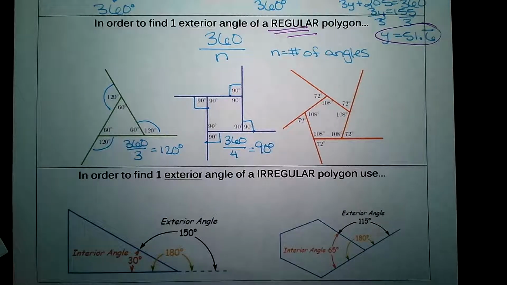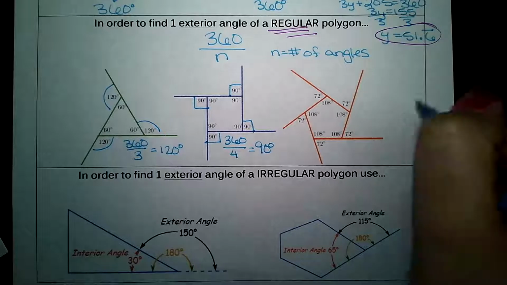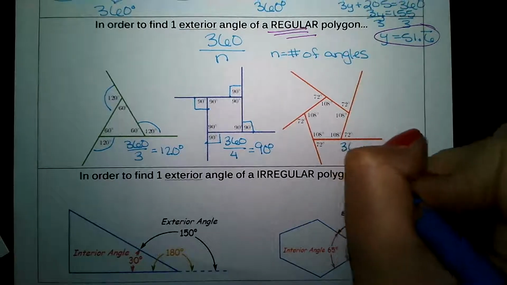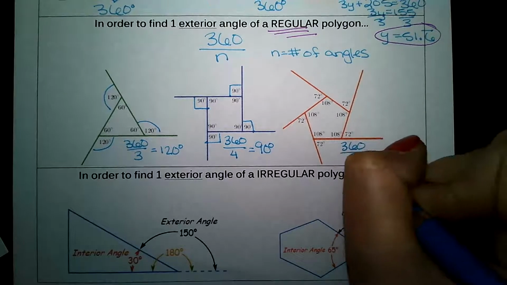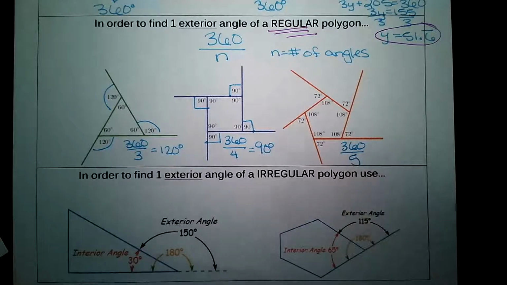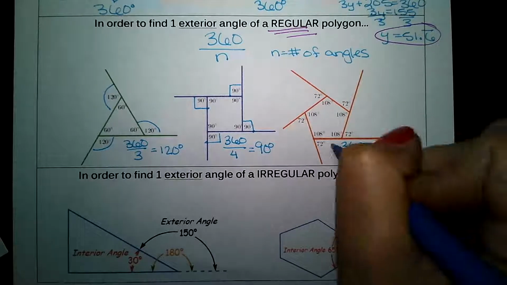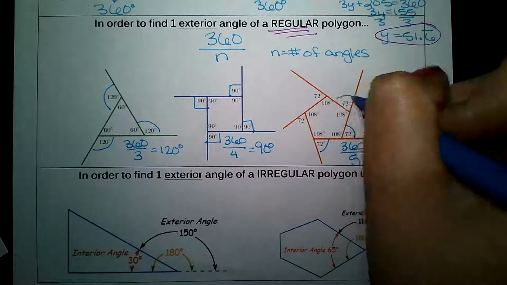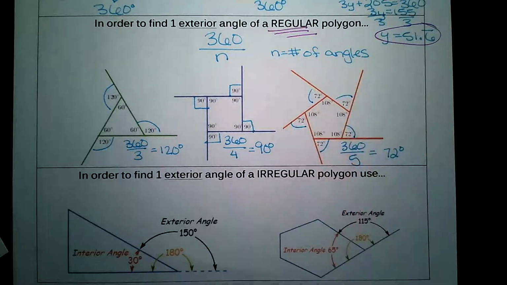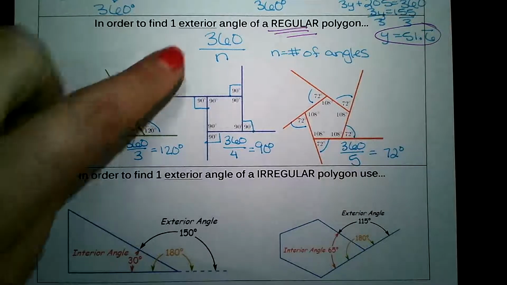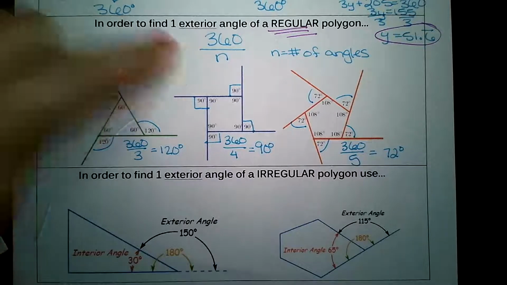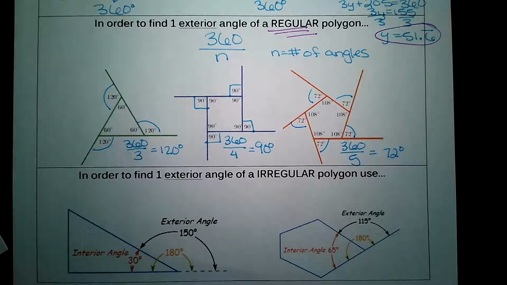One more example for you, a pentagon. 360 degrees total for the exterior angles, 5 angles of a pentagon, 360 degrees divided by 5 is 72. So all regular shapes can use this simple, tiny little formula, 360 degrees divided by the number of angles.